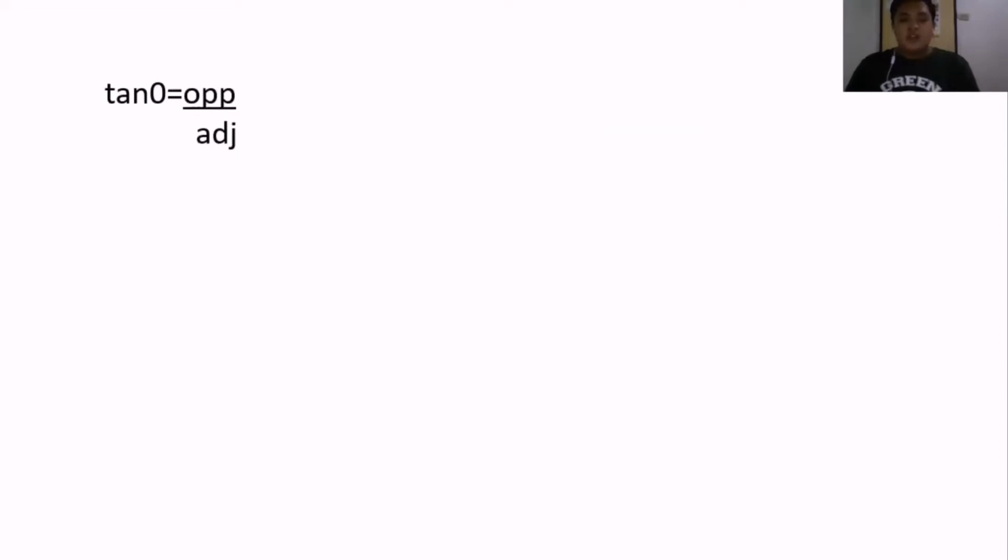Next, we input our given, which is 50 and 100. Now it will turn into tan 50 degrees equals opposite over 100 centimeters.